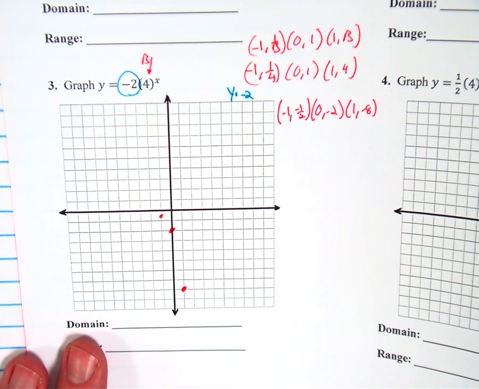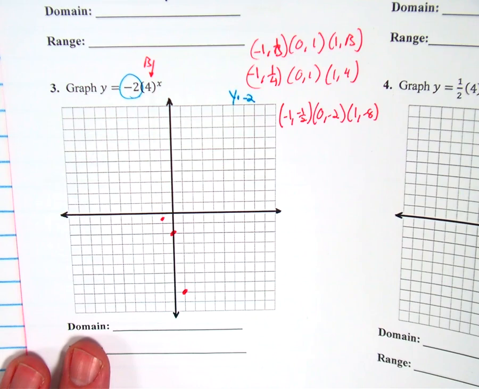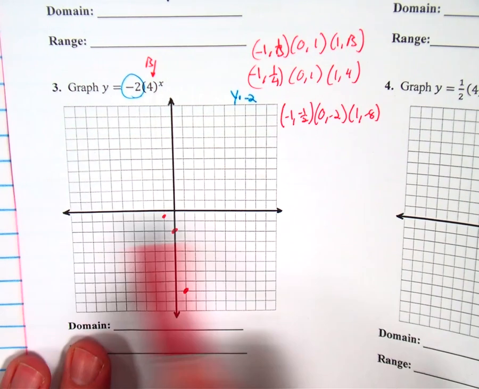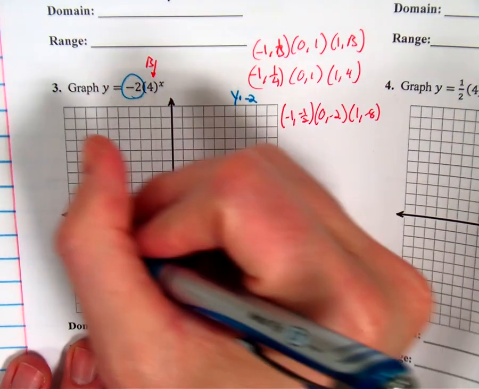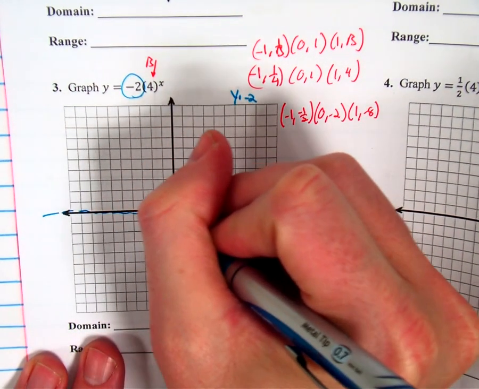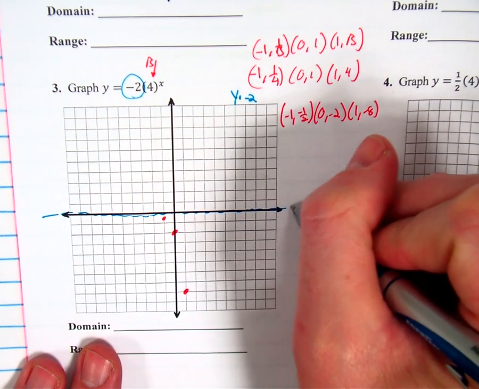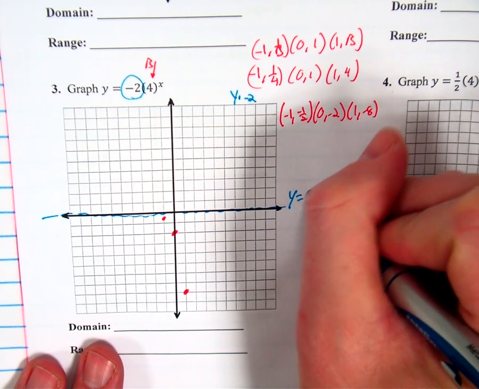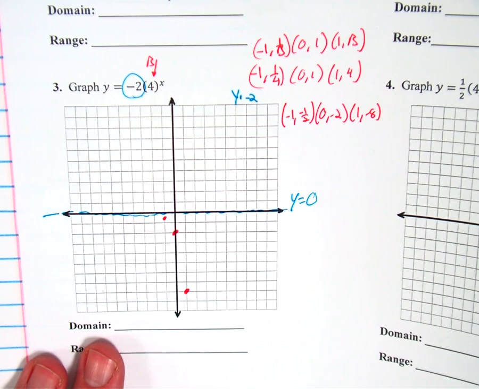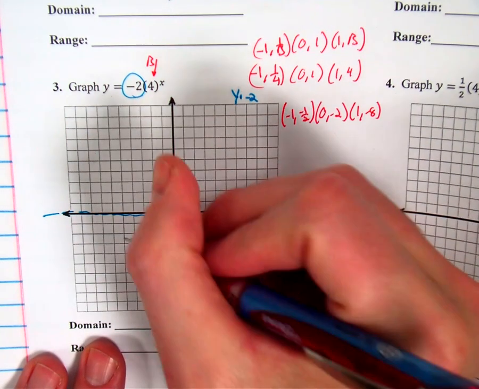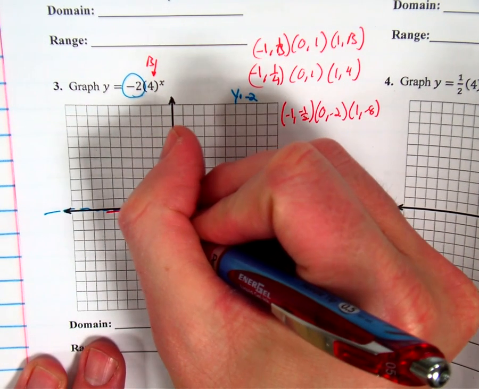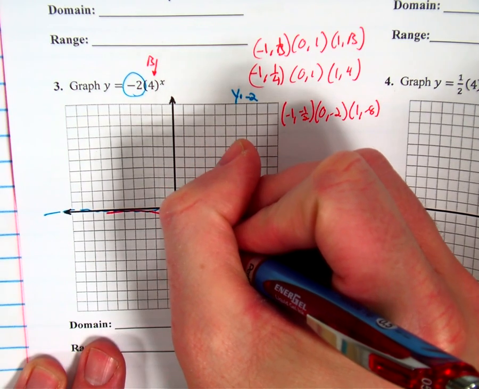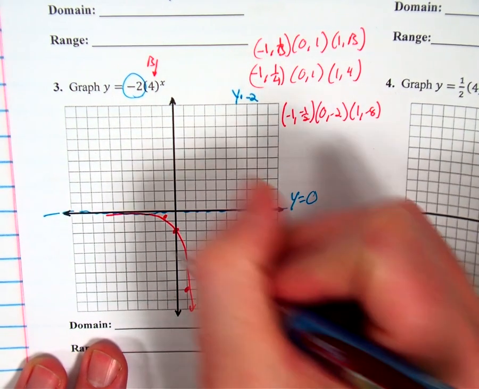Tough to tell what we're looking at here when we just have these 3 dots. The other piece that's really going to help us out is the asymptote line. Exponentials have a horizontal asymptote line. And we didn't have any plus or minuses, so our asymptote line here is still going to be y equals 0, a horizontal asymptote. I know that our graph flattens out right along that asymptote line, and then it's going to take off with these dots.